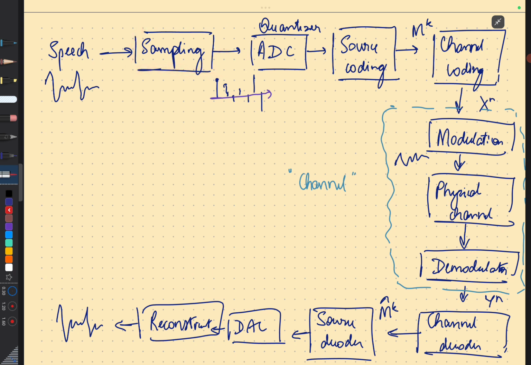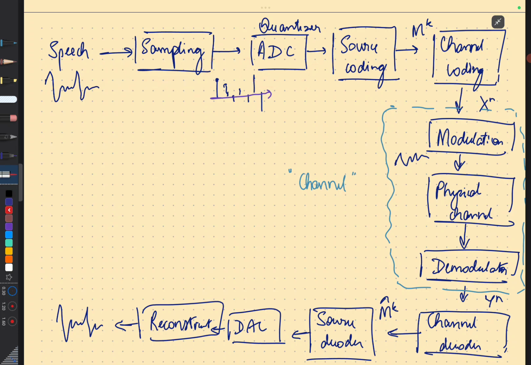If the end goal is to design a good communication system, wouldn't it be more optimal to combine all of these blocks together into one single block, which takes as input a continuous time signal, and a receiver block, which takes as input the airwaves and outputs a reconstruction of the original continuous time signal? That's a natural question to ask. And in fact, doing that could potentially be more optimal.